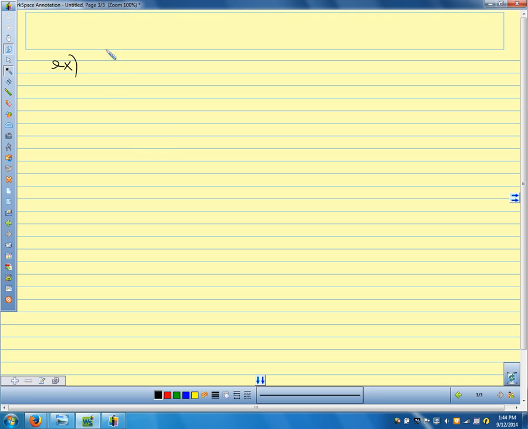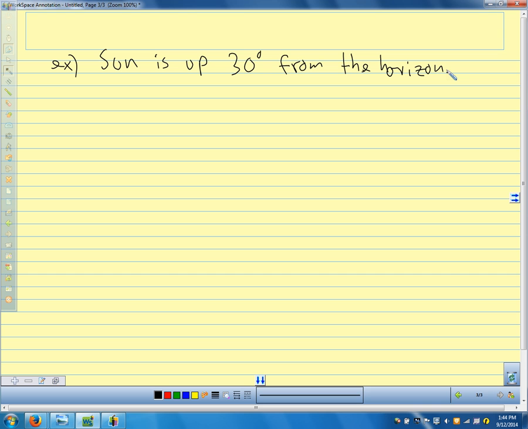Let's say we have the sun is up 30 degrees from the horizon, and we have a tree with a 25-foot shadow. How tall is the tree?